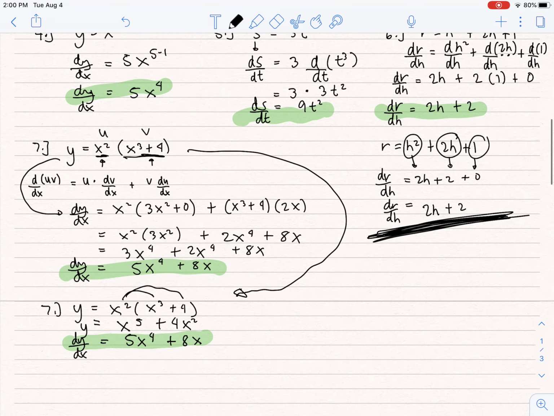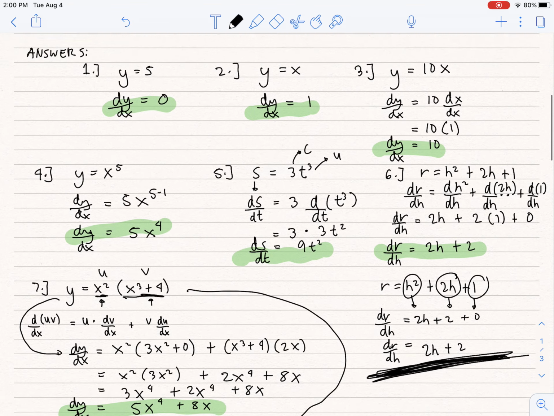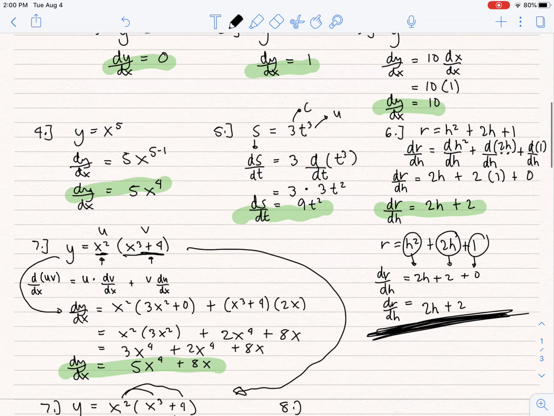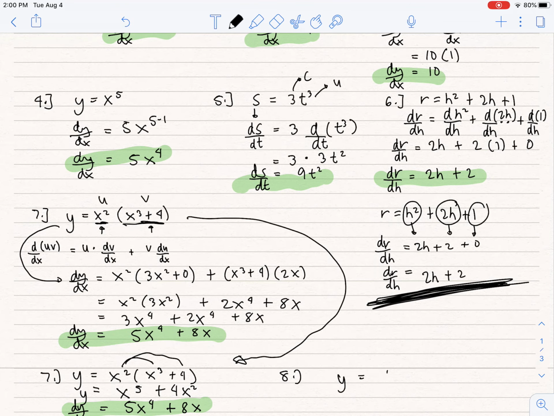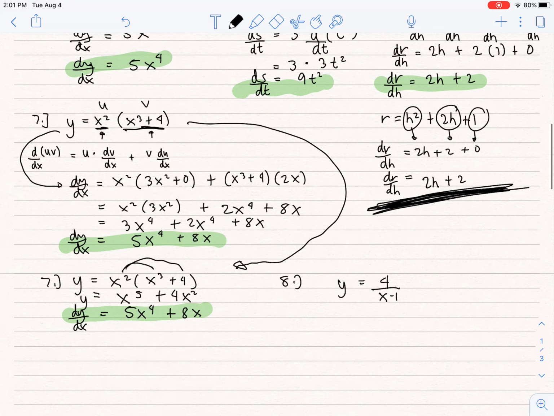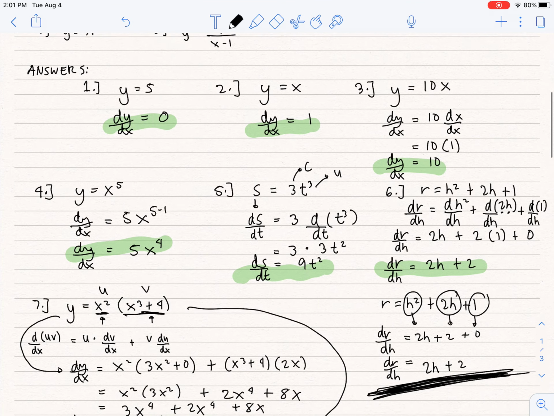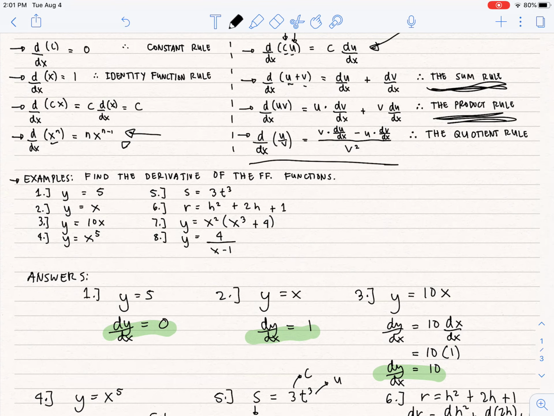Okay, so for the last example, number 8, balik ta. Number 8 is just y is equals to 4 over x minus 1. So this is using division. So therefore, we are going to use the last rule in this topic, which is the quotient rule.